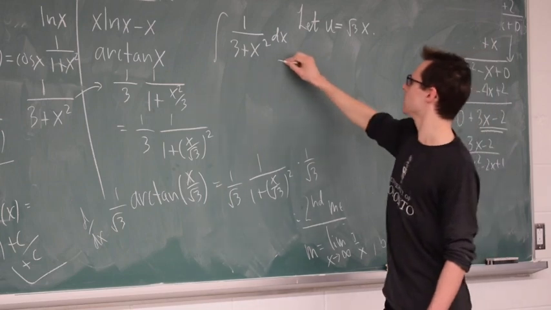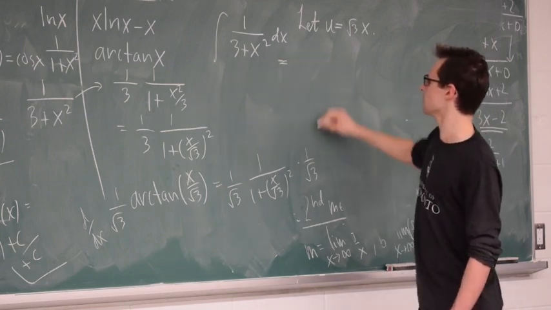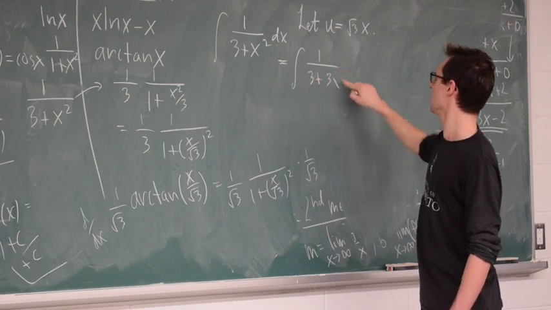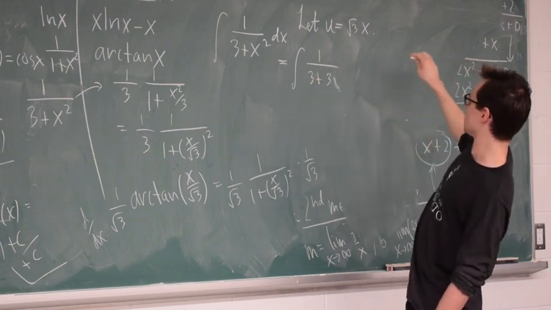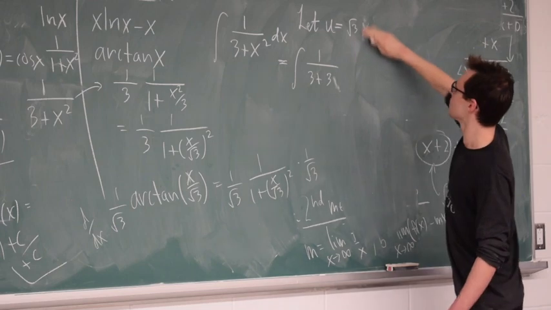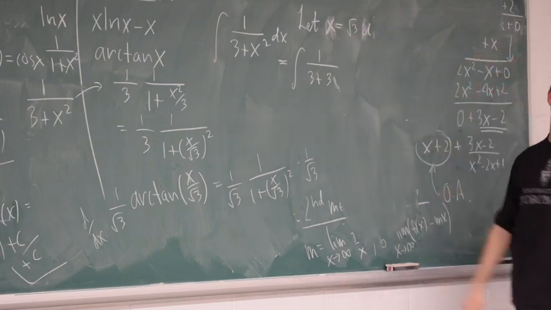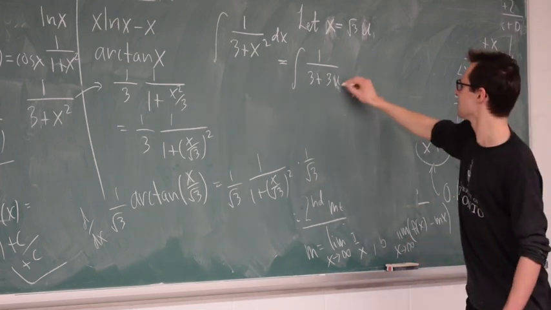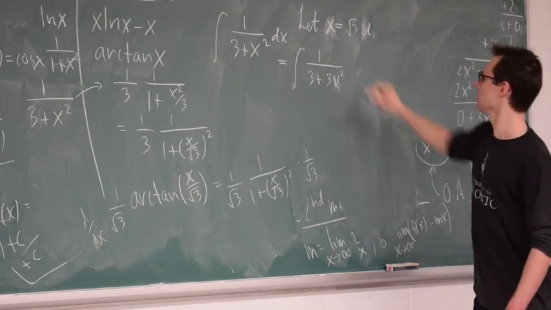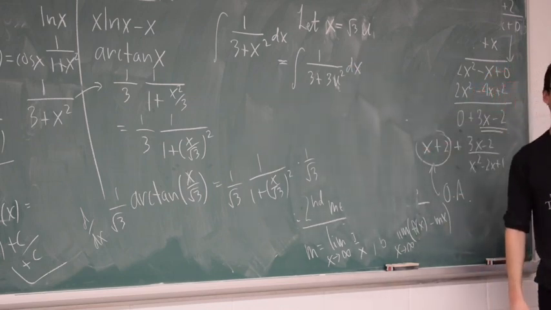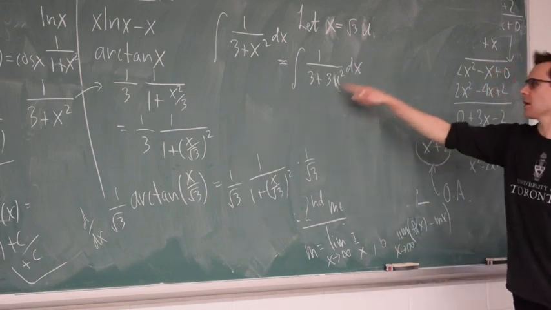Okay? If I do that, this is what happens to the integral. We get 1 over 3 plus 3, wait a sec. Oops. We want x to be root 3u. There we go. So 3u squared. Okay, cool. And now we have dx over here. All right, so there's a bit of a problem because we have u in there and x in here.